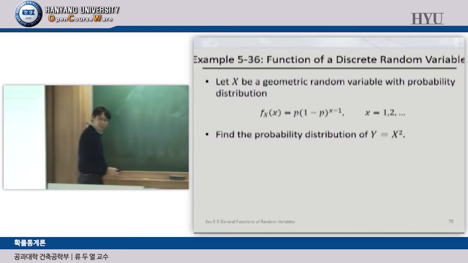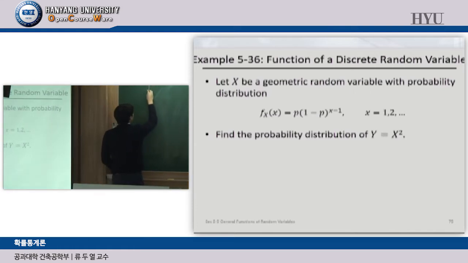So, based on the previous slide, the definition is as follows. The probability mass function of y is equal to the probability mass function of x when x is equal to u(y).